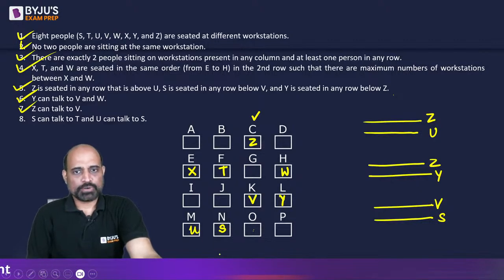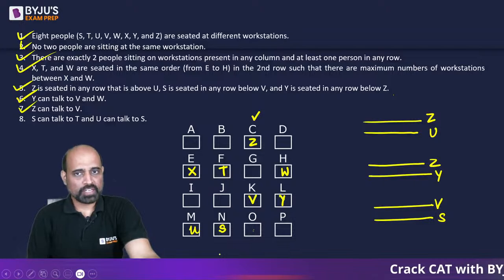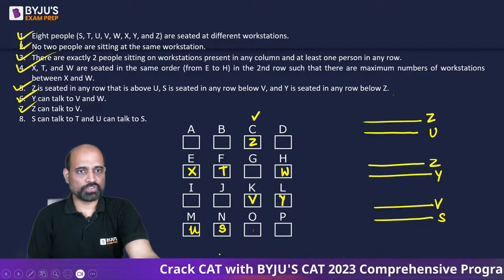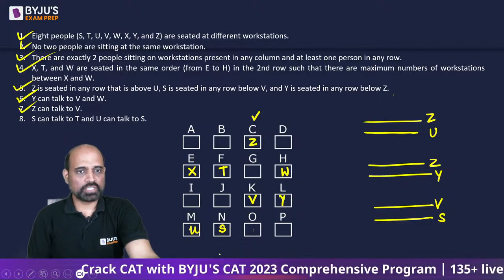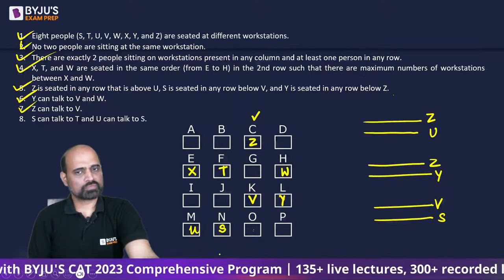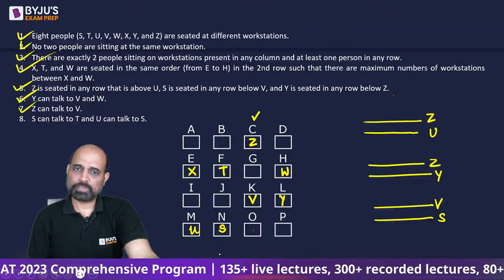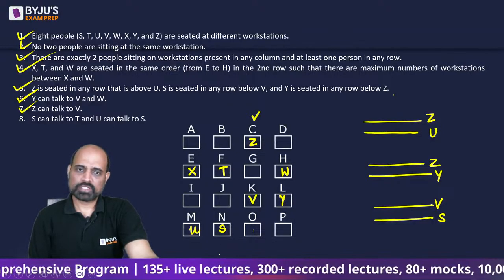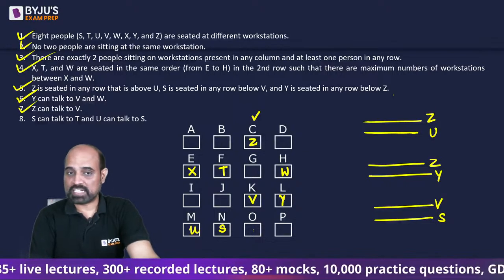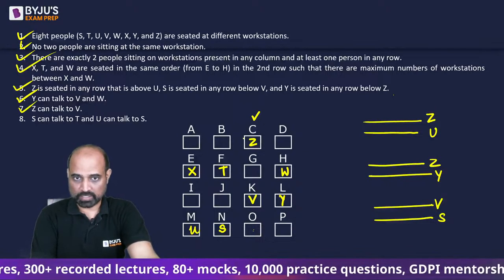Z is seated in any row that is above U. S is seated in any row below V. Y is seated in any row below Z. Y can talk to V and W. Z can talk to V. S can talk to T and U can talk to S. In every column we have two people. ठीक है? So here the assumption, we started with Z being at C. ये इधर से शुरू करा था.